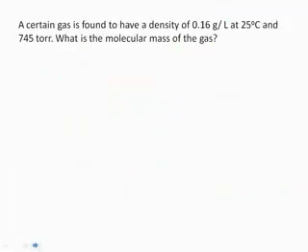Another variation on these PV=nRT problems is where they're going to give you the information maybe not so directly and ask you for something that's not straight out of the equation. For example, molecular mass of a gas. This is a real common one that you'll see.